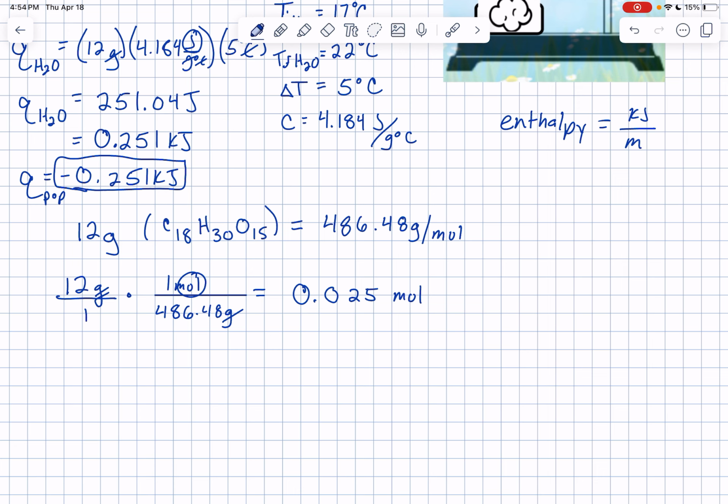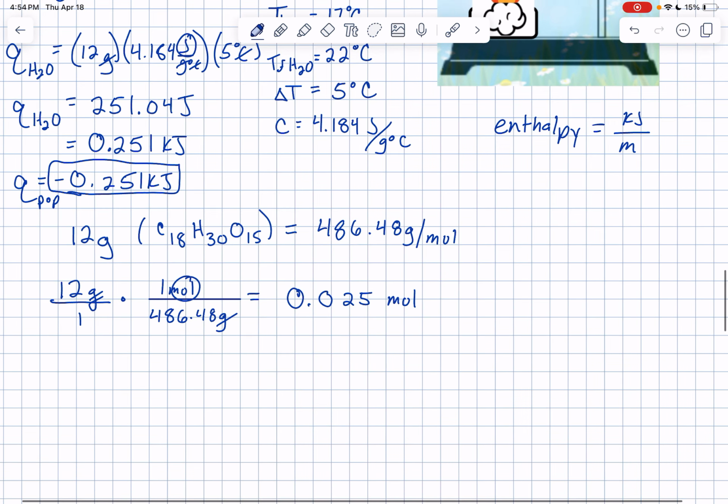And the enthalpy, as we said, was kilojoules per mole. And so if I want to know the enthalpy of the popcorn, I'm going to use the kilojoules of the popcorn and I'm going to divide it by the moles of popcorn.